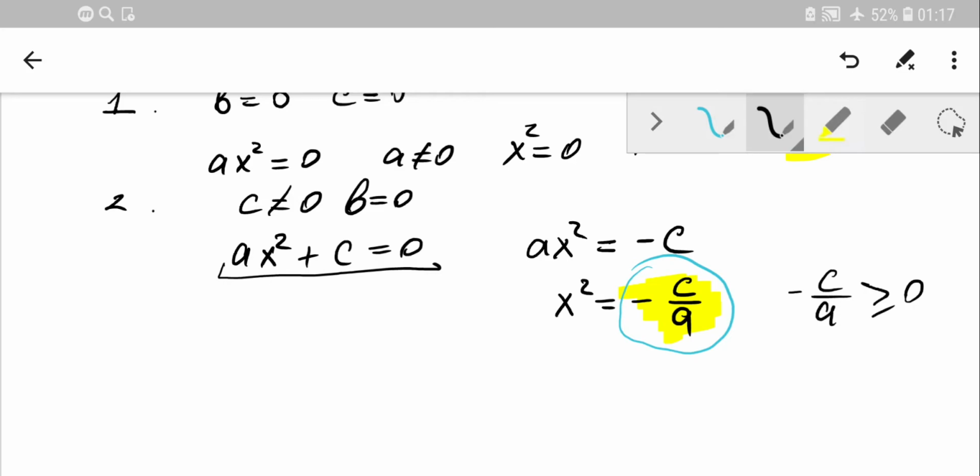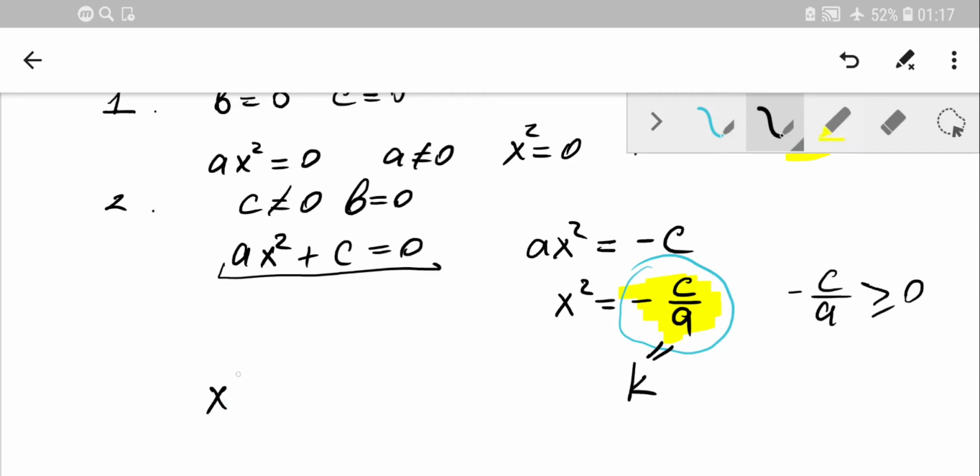Okay, and from here, how to solve that? Typically, it's better to represent this negative c over a as k, just a new number that equals this fraction, negative c over a.